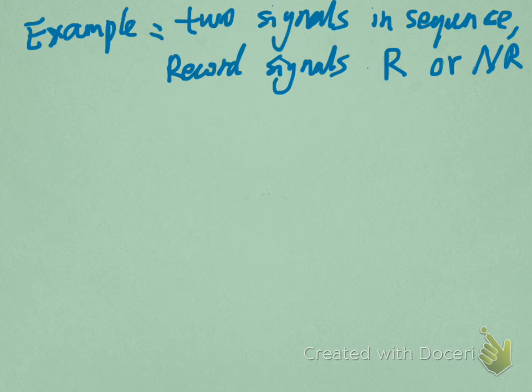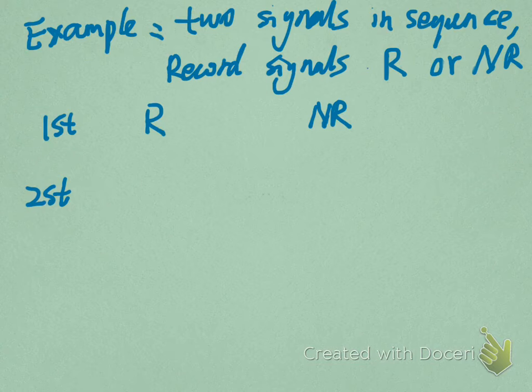Because we send two signals in sequence, there are two steps. In the first step, we send one signal, and the outcome is received or not received. Then we send the second signal.